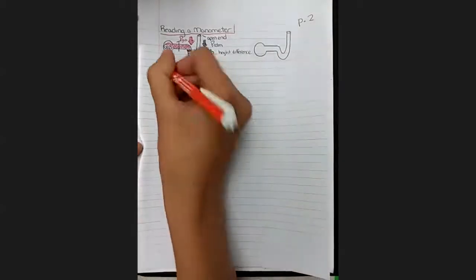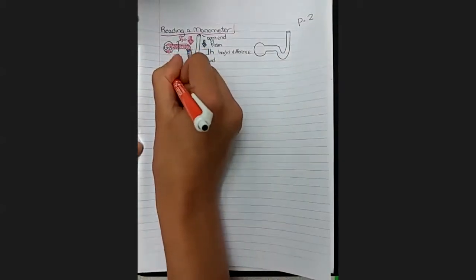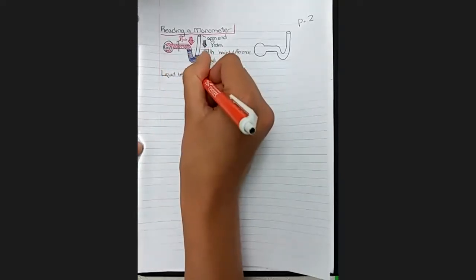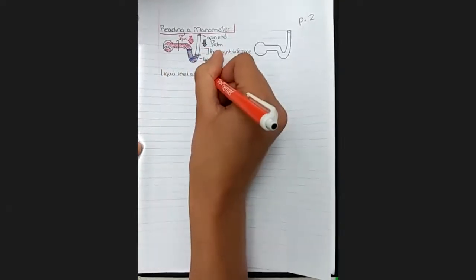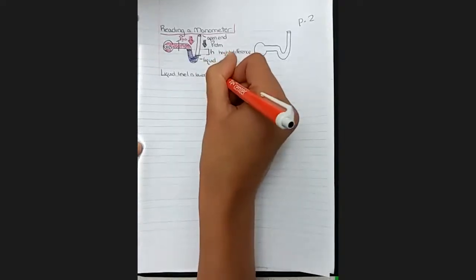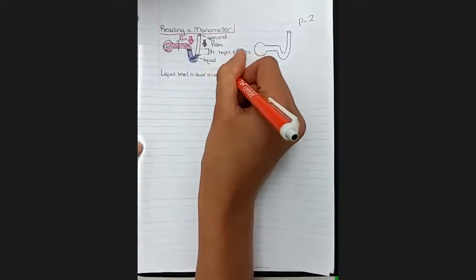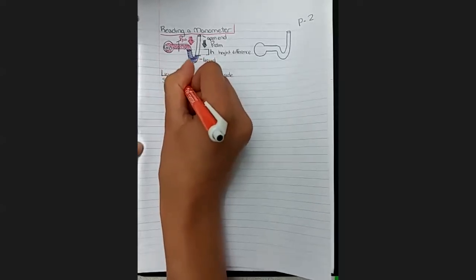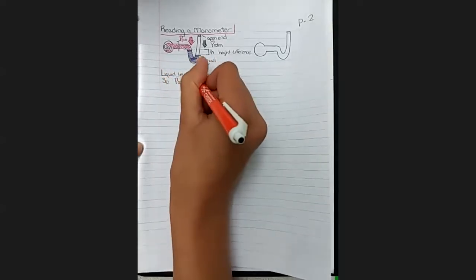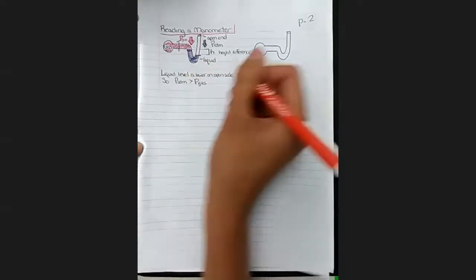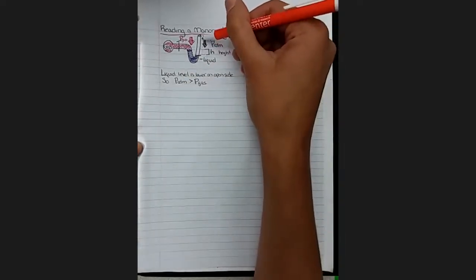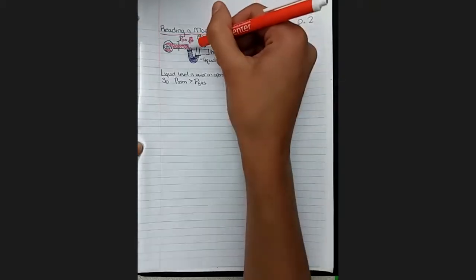So we can see in this picture that the liquid level is lower on the open side. So that means that the pressure of the atmosphere is greater than the pressure of the gas, because the atmosphere on this side is pushing the liquid level down more than the gas is pushing down.